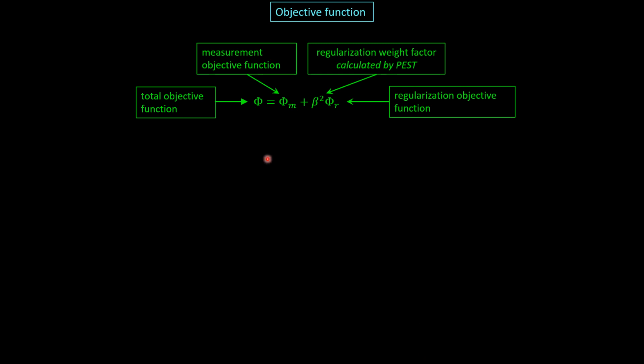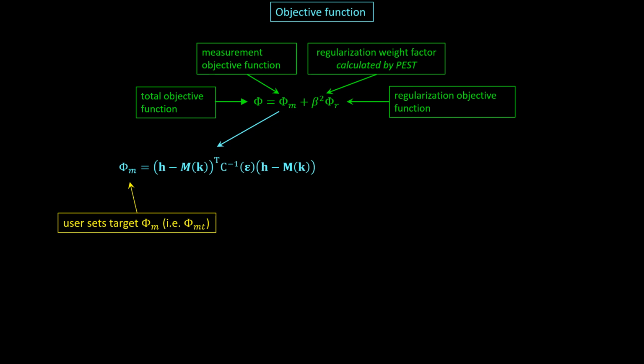So here, once again, is the equation for our total objective function, comprised of the measurement objective function plus a factor of the regularization objective function. The measurement objective function is always the same. The lower the measurement objective function, the better the fit between model outputs and field measurements.